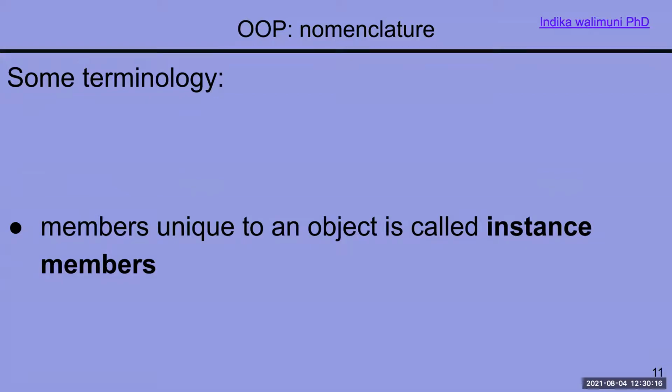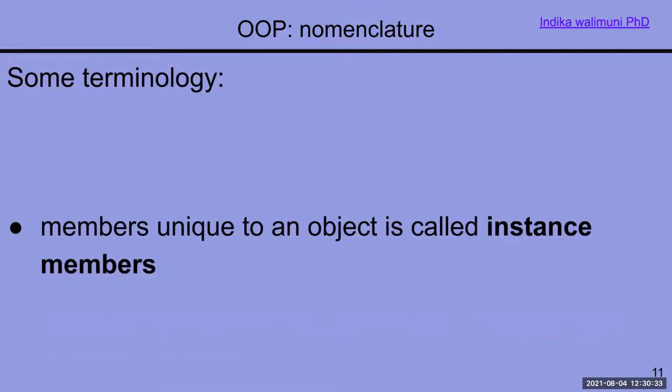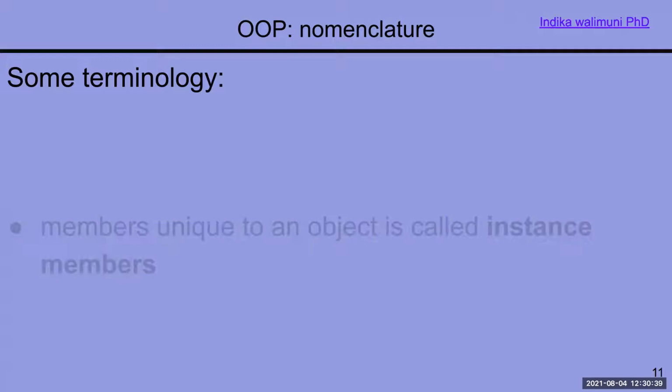Members unique to an object are called instance members. Members common to the entire class are called static or class members. Okay. So notice the difference. Instance members are unique to a particular object, so they belong to objects.